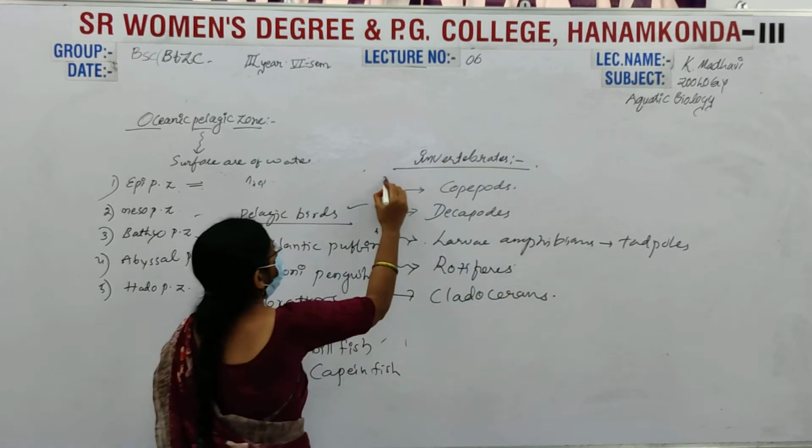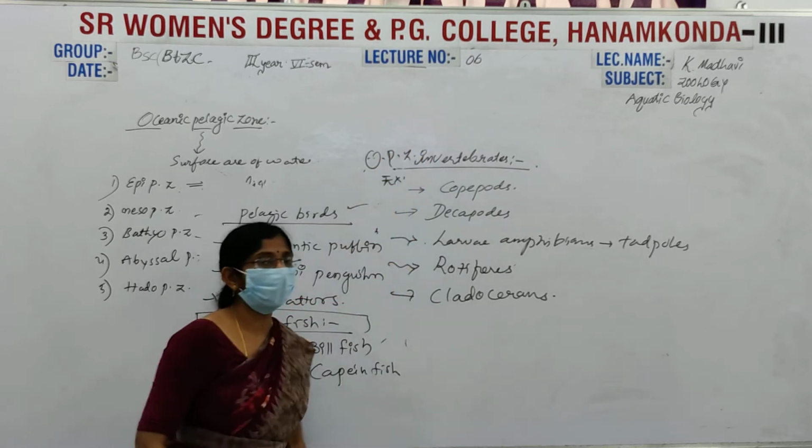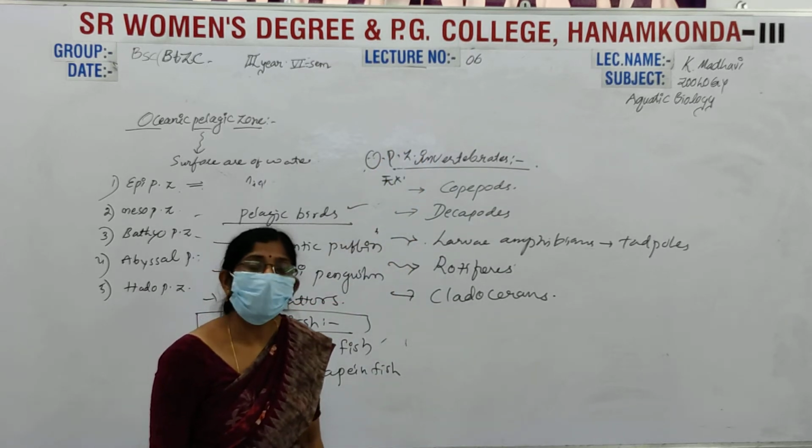These are the best examples of oceanic pelagic zone invertebrates which are present in the ecosystem.